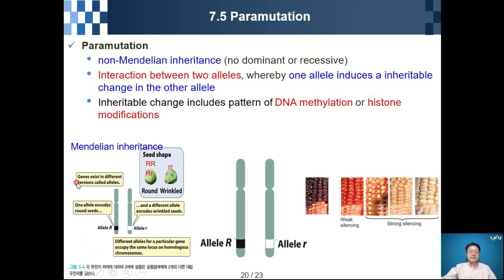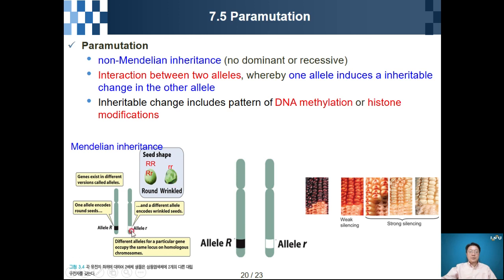For example, genes exist in different versions called alleles. In this case, there is the large R allele and the small r allele. For example, the large R allele encodes round seed, but the small r allele encodes wrinkled seed.